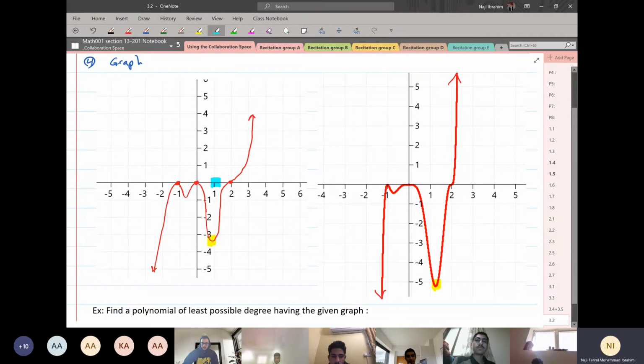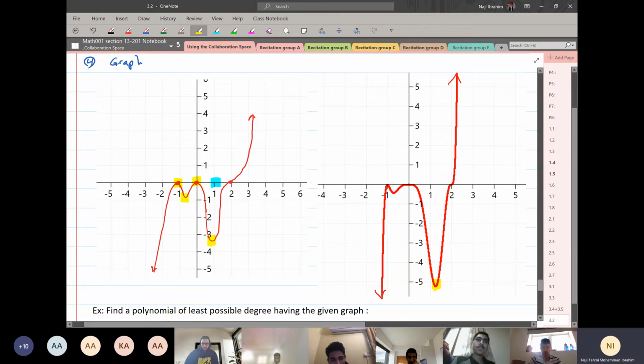Or the question may ask you, how many turning points do we have? 3. Do we have 3 here or more? No, we have 4, ya shabab. 5. The yellow points, do you see these yellow points?